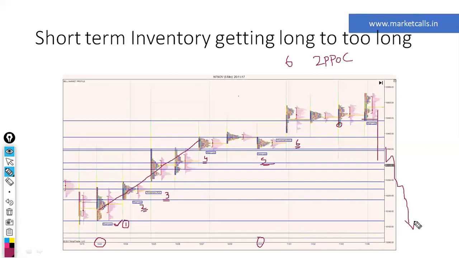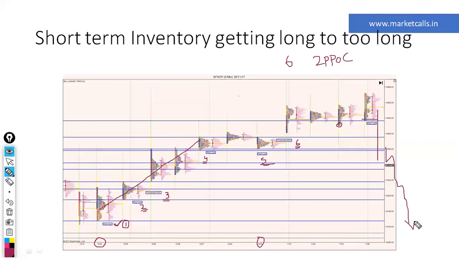Again, you'll be seeing exponential poor lows, or you'll be seeing exponential poor highs. Right, so that is why you'll be able to visualize that the inventory is getting long, too long, by looking into this observation. This kind of observation happens very rarely, once or twice in a year.